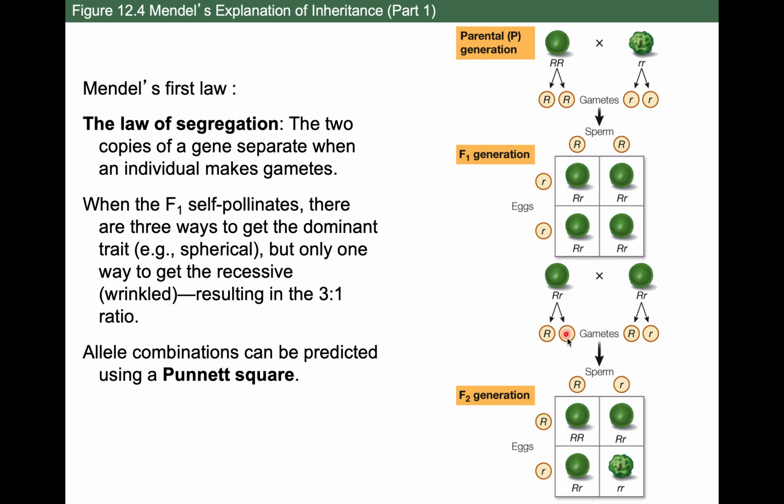Now if we think about what gametes are being produced by each parent, from the law of segregation, half the gametes from this P plant are going to get a copy of the big R allele, and the other half are going to get a little r. Same thing's happening over here, half big R, half little r. So now, if we put these gametes on opposite sides of the Punnett square, we've got half big R, half little r on one side coming from mom, half big R, half little r on the other side coming from dad. Mom and dad are basically the same plant in this case.